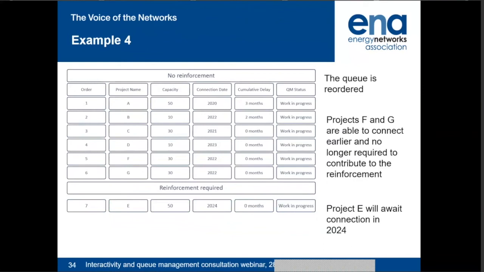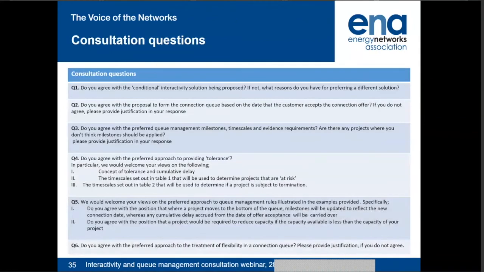So I appreciate that's probably a bit of a quick run through some of the detail in the consultation. We've got 6 questions in the consultation overall. 5 of them are focused on the queue management element. As I said at the start, we really want to get your input as customers. We've developed this preferred approach as network companies, and of course, if we're going to get it to work, it needs to work for all.